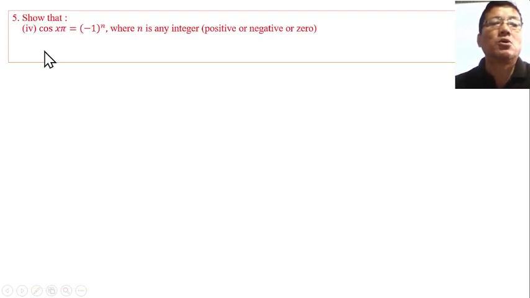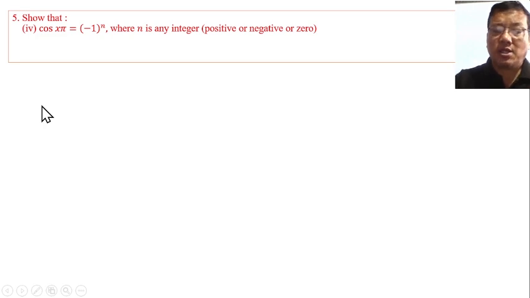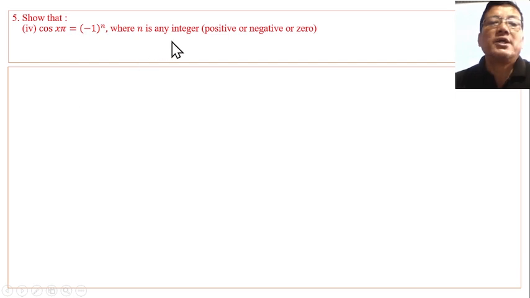So that cos of nx must be nx over again, where n is any integer, positive or negative or 0.